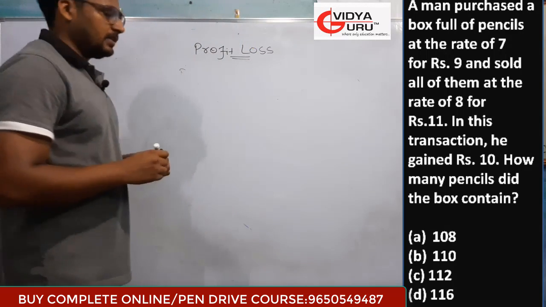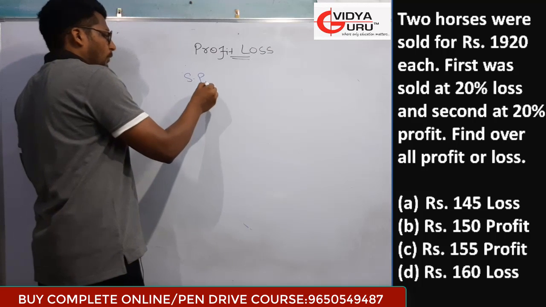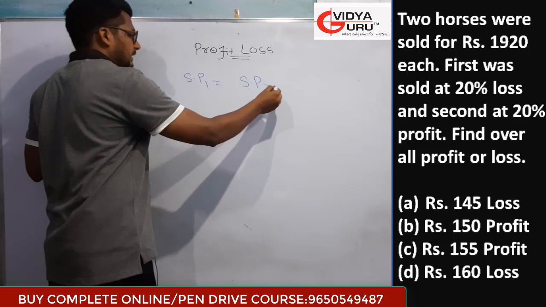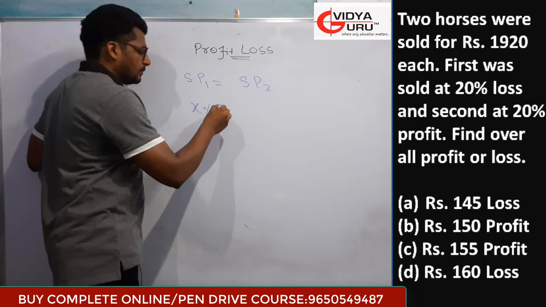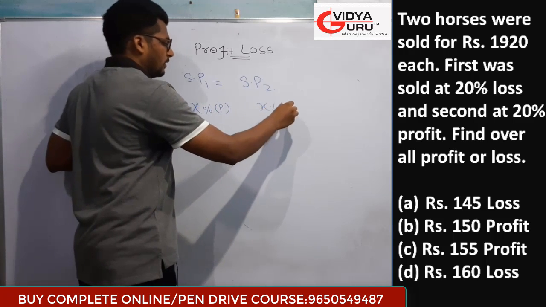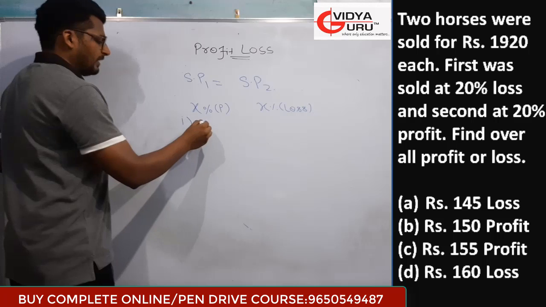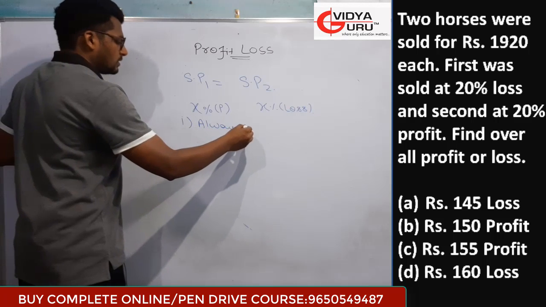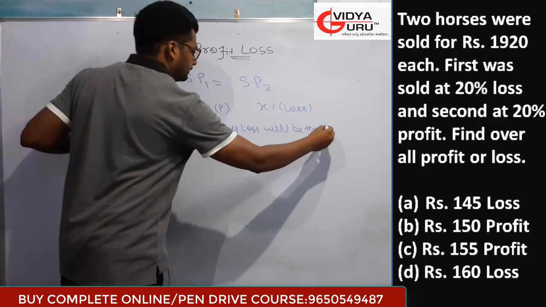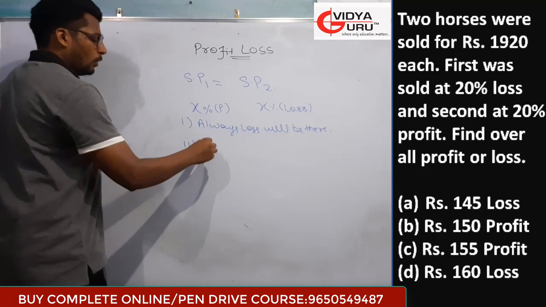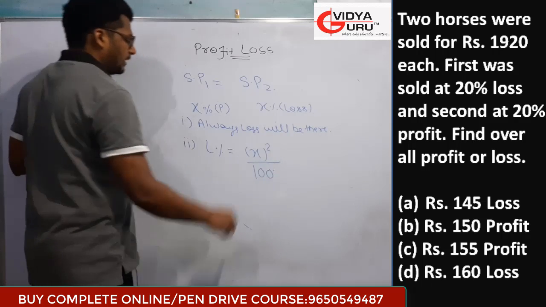Before telling you the next question, I will tell you one concept. If the SP of two quantities is the same, and the first is sold at X% profit and the second is sold at X% loss, then first thing, there will always be a loss, and second thing, the loss percentage will always be equal to x square by 100.